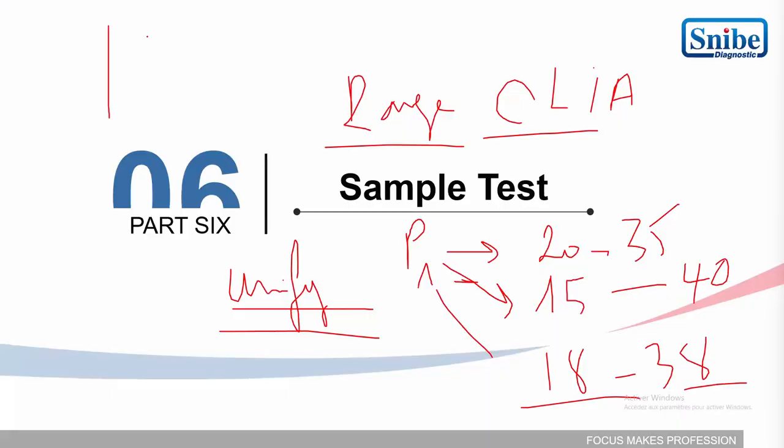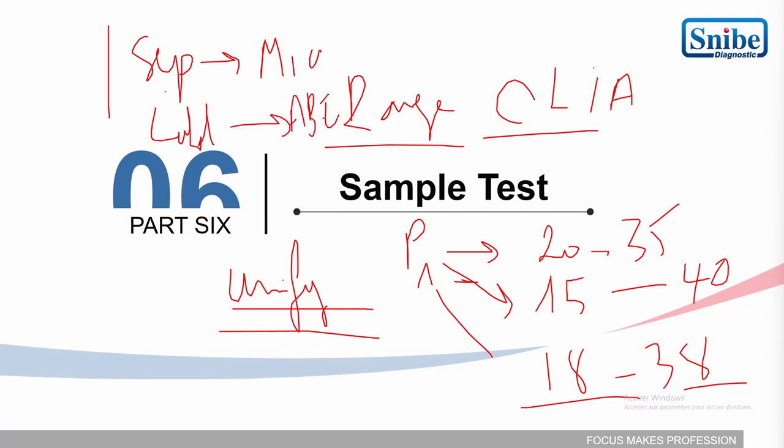For the separation technique, we use the magnetic microbead for Snibe, and for the label, we use the ABEI, and only Snibe uses the ABEI. But others use the acridinium ester, they use the ALP, and so on.